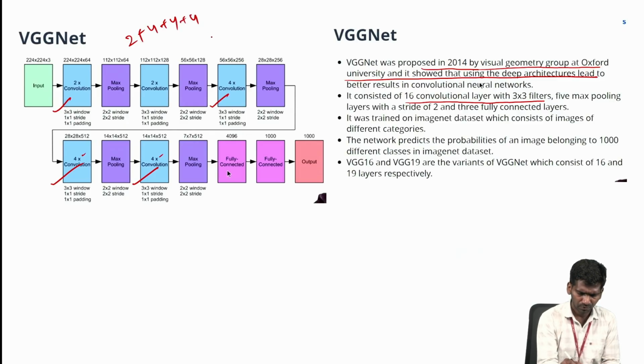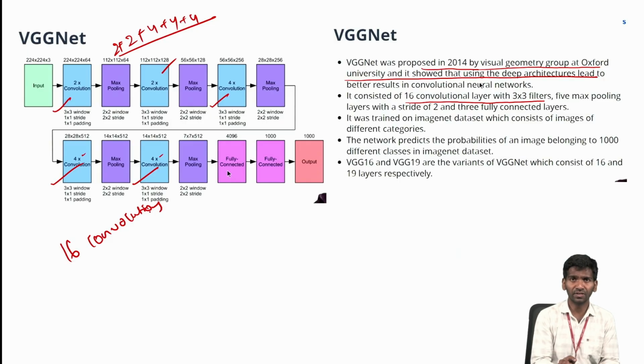So total 4, 8, 12, 16. One more 2 I need to add, so this also. So in total we have 16 convolutions.